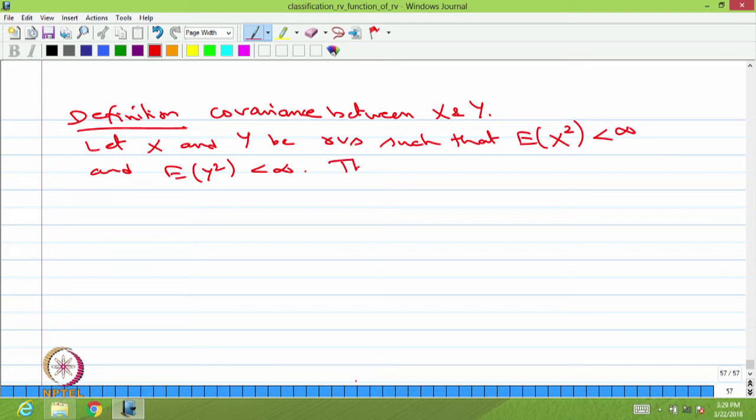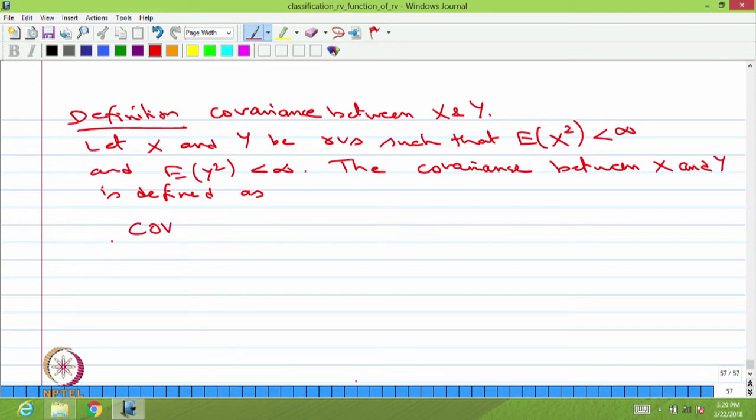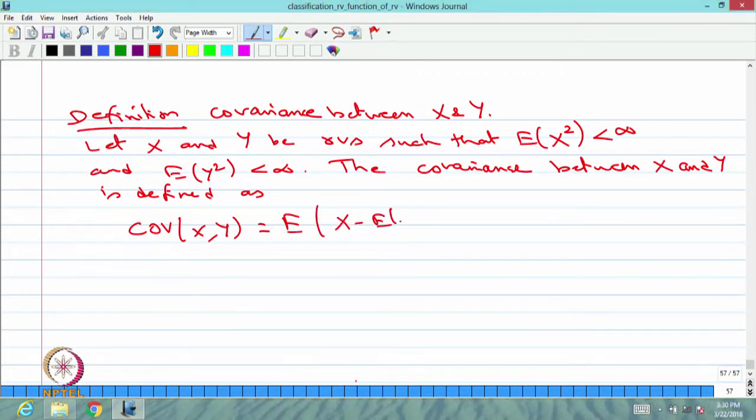Then we can define the covariance between X and Y. The notation is Cov(X, Y), which is mu of 1, 1, that is the expectation of (X minus expectation of X) multiplied by (Y minus expectation of Y), where expectation of X is the mean of X and expectation of Y is the mean of Y. First you multiply X minus expectation of X with Y minus expectation of Y, then you find the expectation.